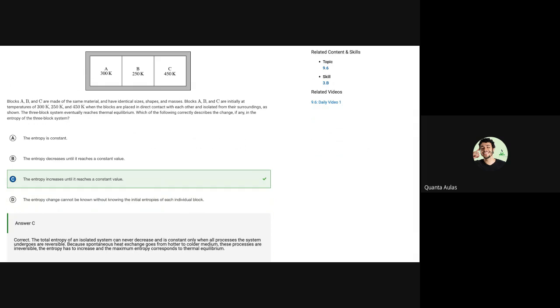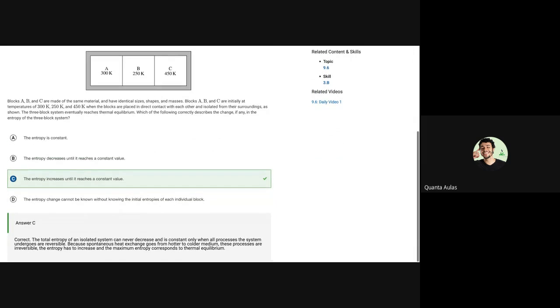Okay, so B is wrong. C, the entropy increases until it reaches a constant value. Yeah, entropy will increase from the higher temperature to the lower temperature, until thermodynamic equilibrium. Okay, amazing.